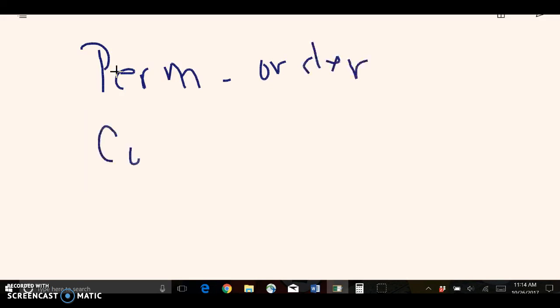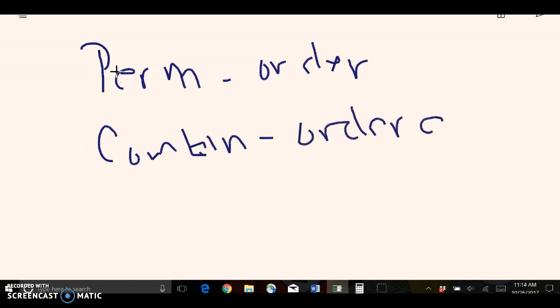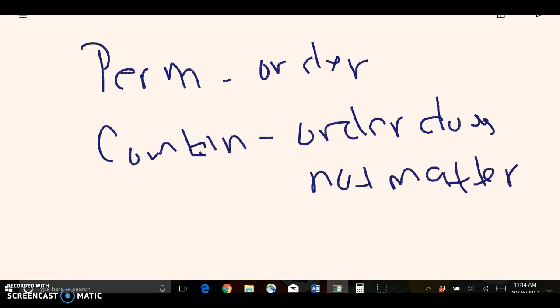And then the combination, order does not matter. The easiest way for me to think about it, and I know this is going to be opposite of what we think, is that permutation refers to a combination lock. If you had a locker at school or a combination lock for your bike or any type of thing, that is what permutations are for.